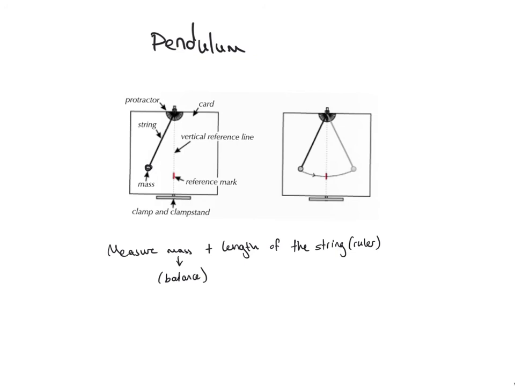Then you'll move the mass to the side, just like in the picture, and make sure that the string is taut, so stretched properly. Measure the angle between the string and the vertical using the protractor. So basically, this angle. So this is your protractor here that's fixed. You can use that to get the angle theta from there.